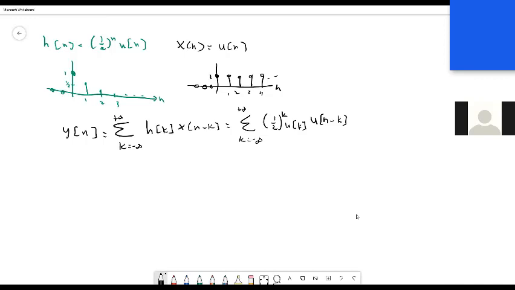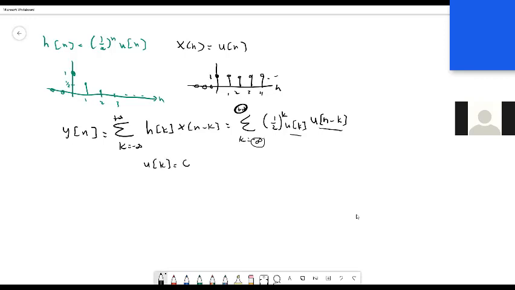Now what do we do? Well, our u of k and our u of n minus k are going to change the limits of our summation there. Right?